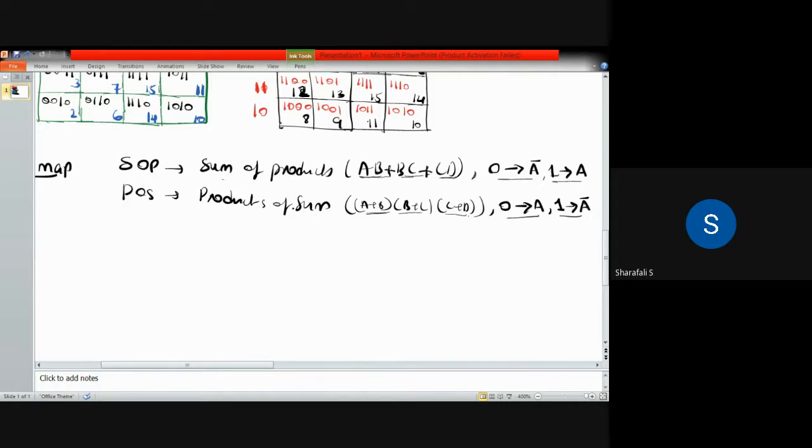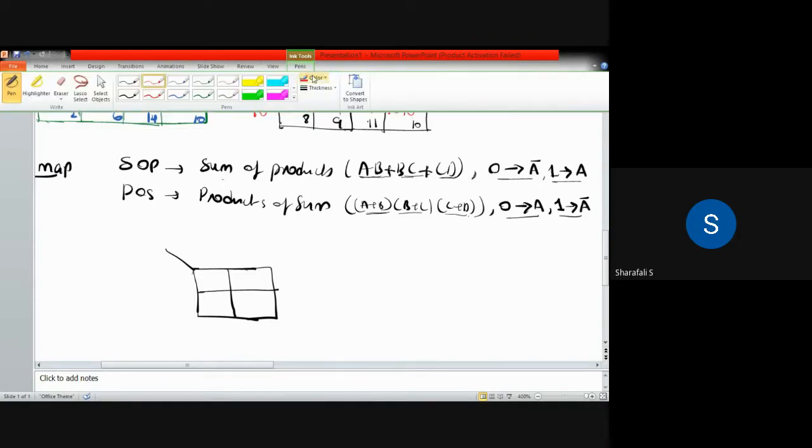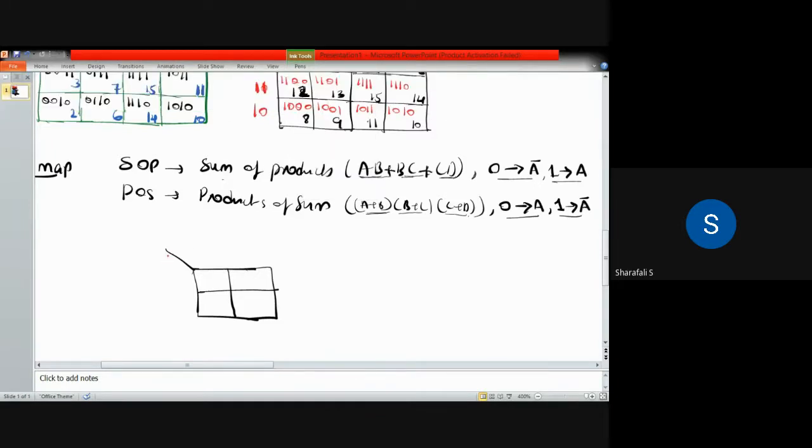Now let us consider the K-maps again. First we'll consider the two variable case. So we have two cells and we have variables A, B, because it is only two variables that have to be represented. So let's consider this is your A, this is your B. Now what will happen? This is 0, this is 1, this is again 0, this is 1.